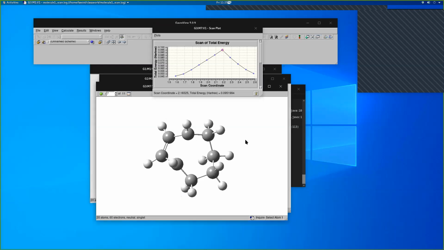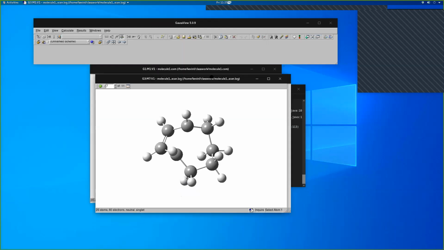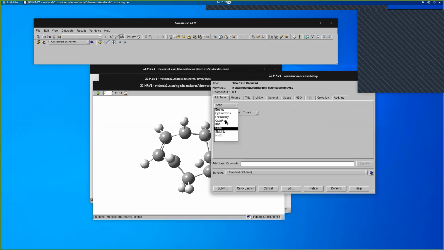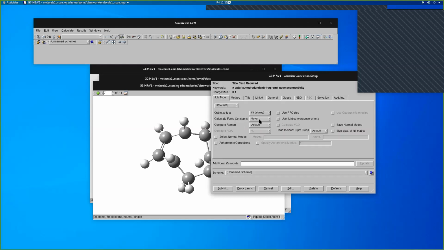We need to explore that transition state. And because we have discrete steps, our transition state might not be exactly at that distance. So what we can do is a transition state optimization on this point. If we take this point here and go to calculate, we can do a calculation setup. For job type, I'm going to do an optimization, and I want to optimize to a transition state, and I need to calculate force constants in these ones.